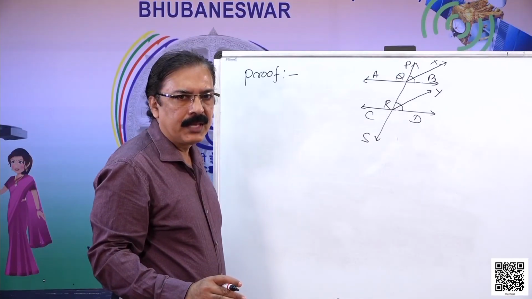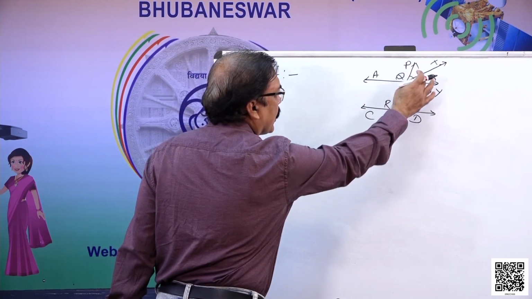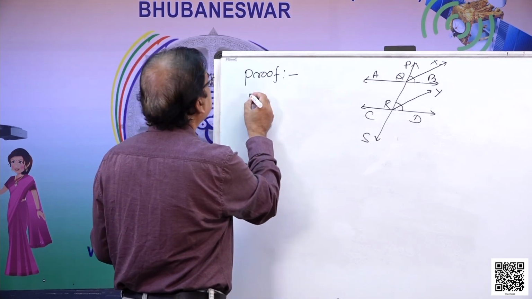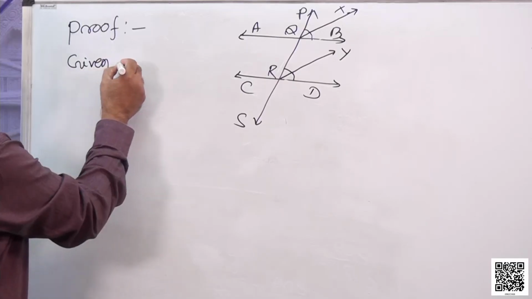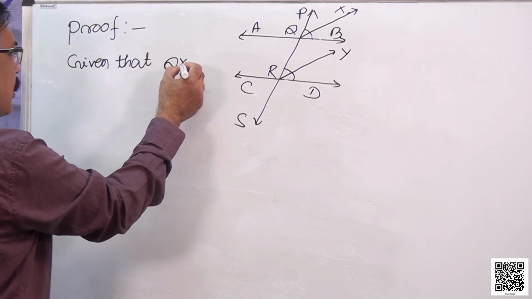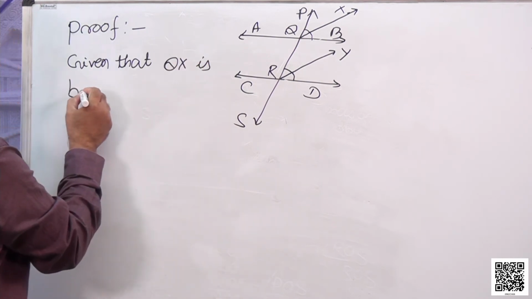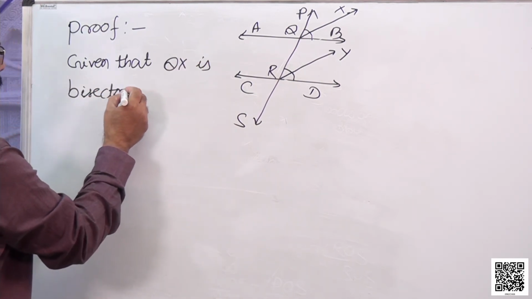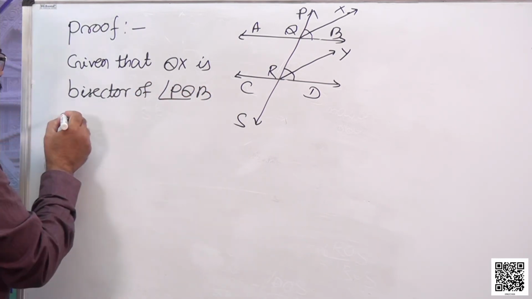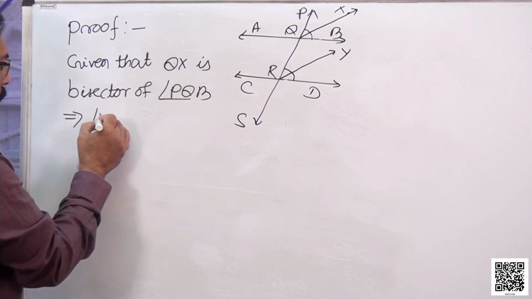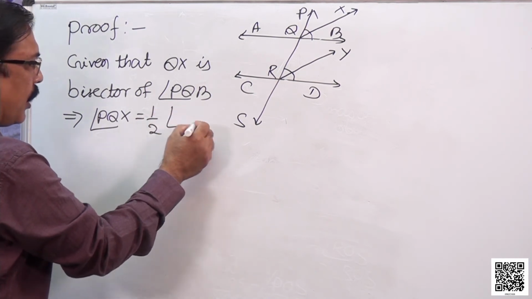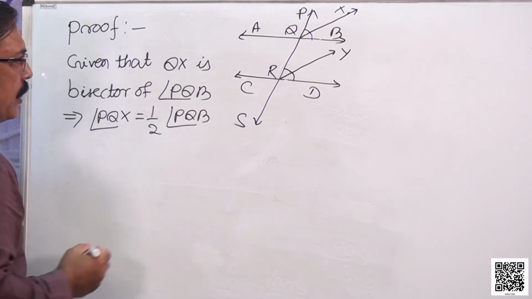It is also given that QX is parallel to RY. So given that QX is the bisector of angle PQB, this implies angle PQX is equal to half of angle PQB.